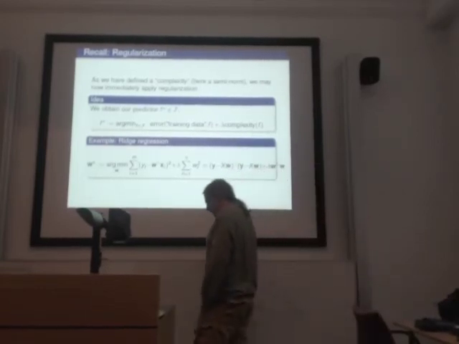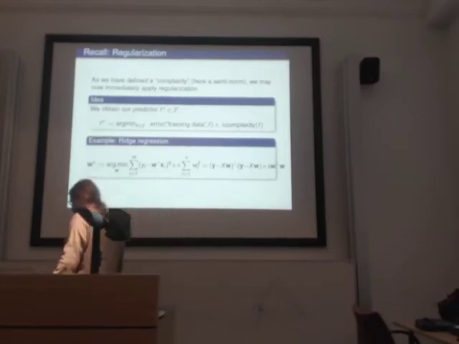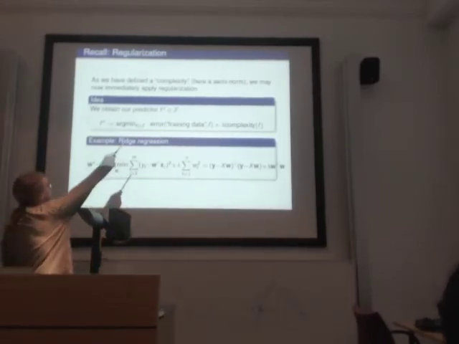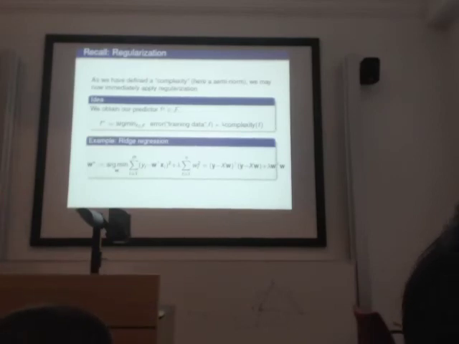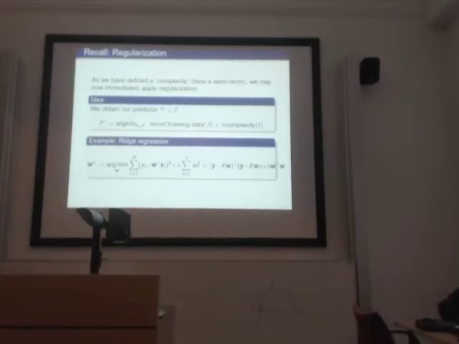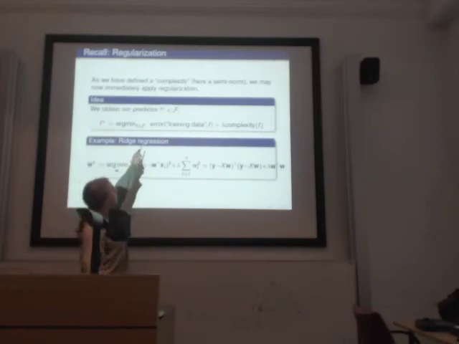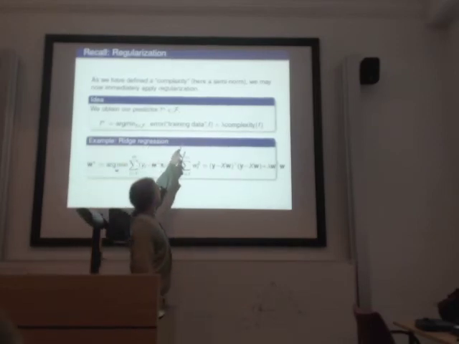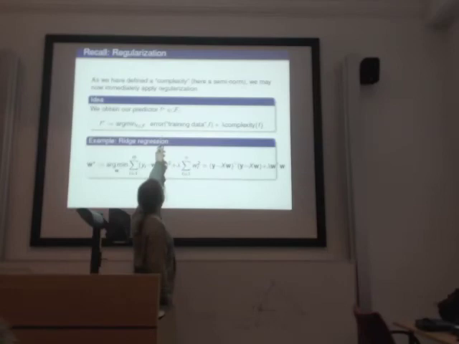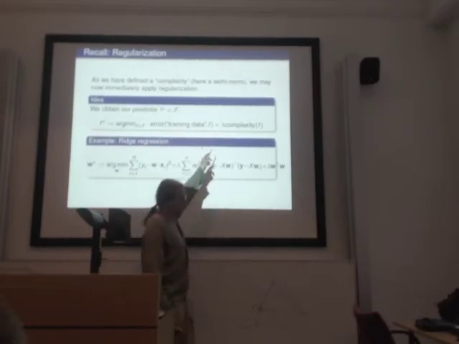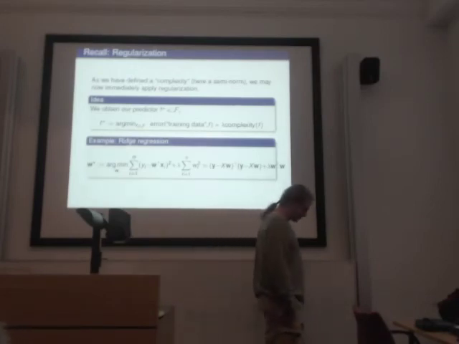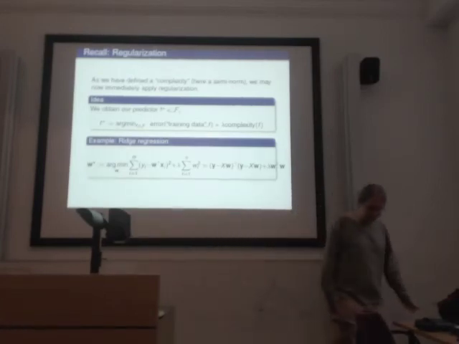In general, for many linear algebra techniques, that complexity is going to look like a squared norm. That's not always going to be the case. And what we want to do is choose some predictor f star which minimizes the error on the training data plus the complexity term.